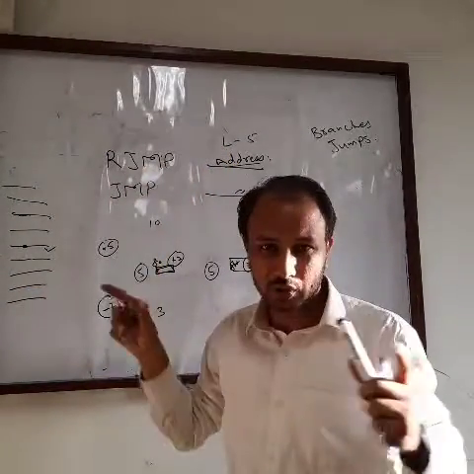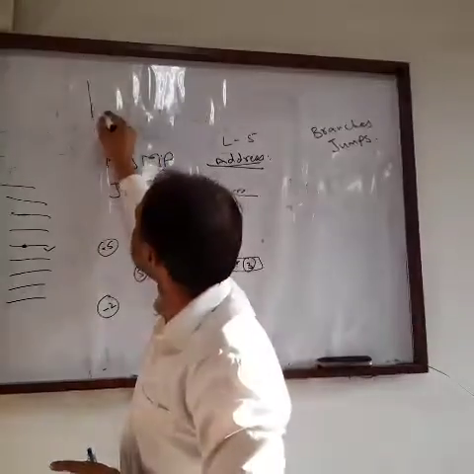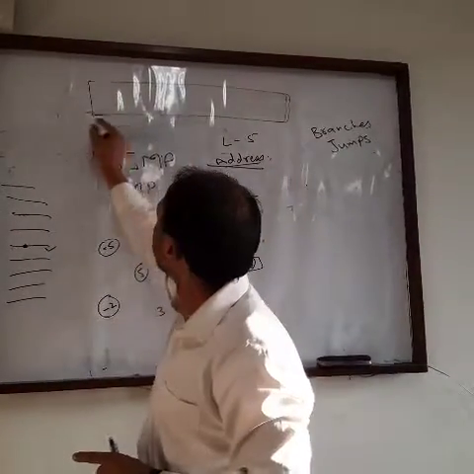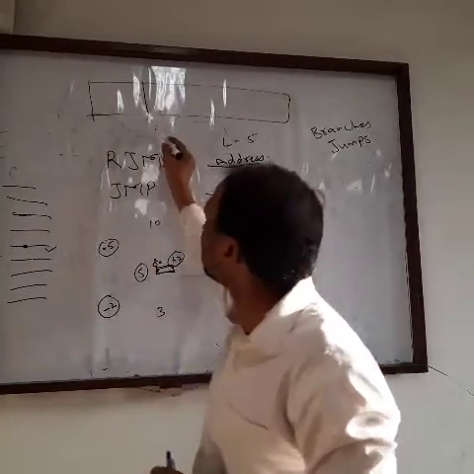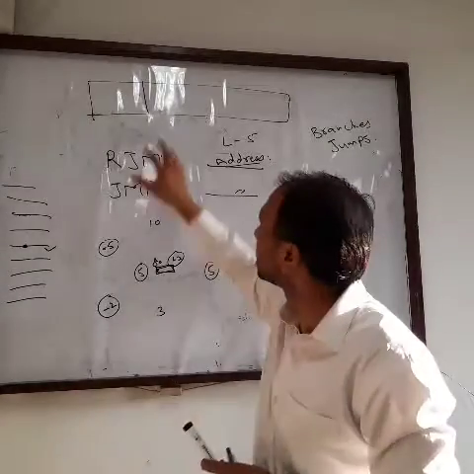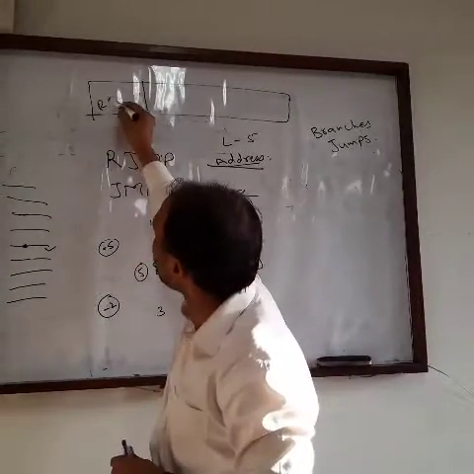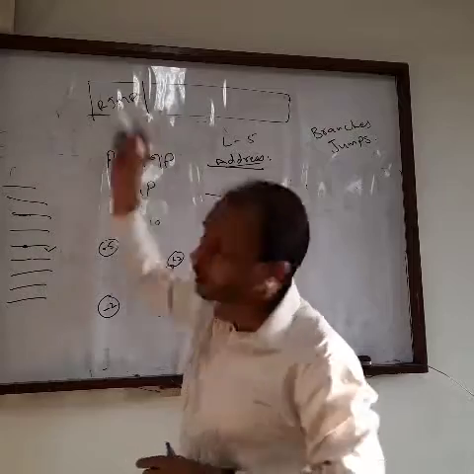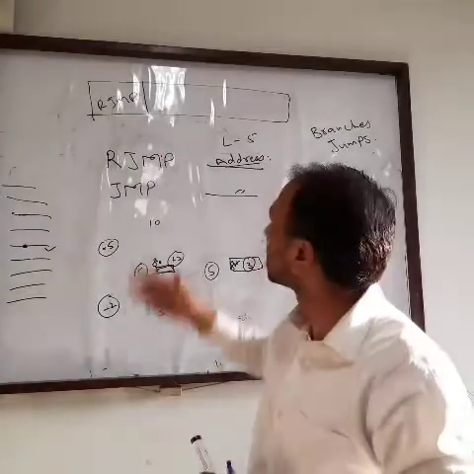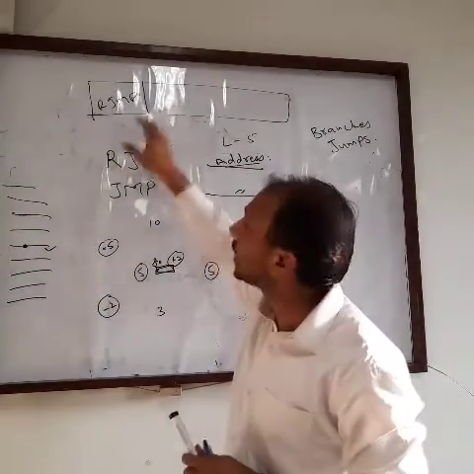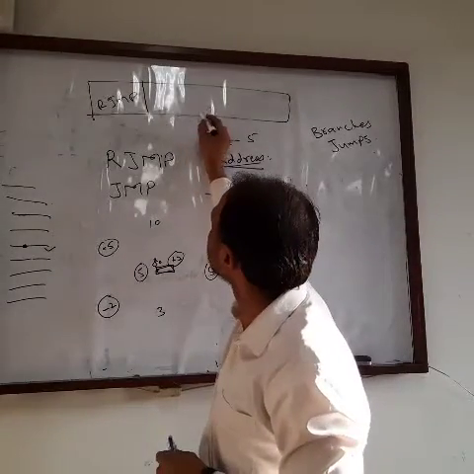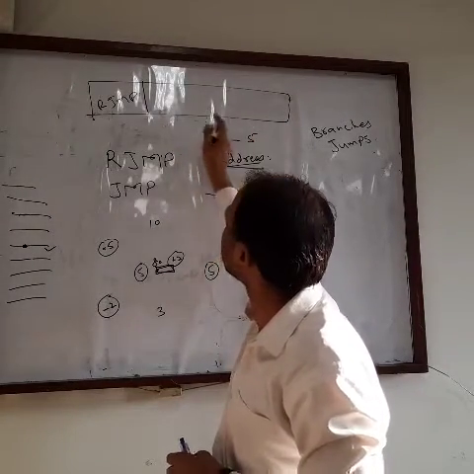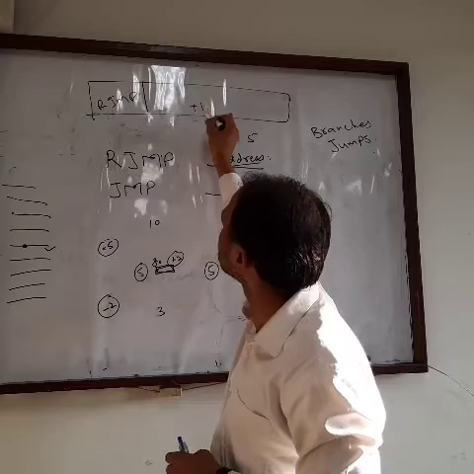Our jump instruction code is, for example, a machine instruction. Here it will be our jump instruction. You have already gone through the structure of instructions, and here it will simply write L5, which was plus 1.